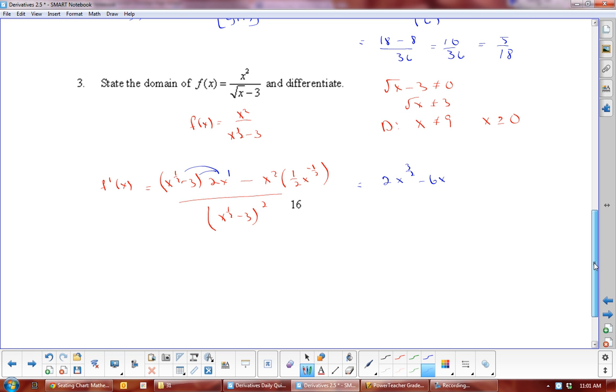And if I multiply this in to here, that's a negative, right? So it'd be negative 1/2 x to the 2 over 2 minus 1 over 2. Oh, sorry, that's 4 over 2 minus 1 over 2, 3 over 2. And that would be all over x to the 1/2 minus 3 squared.